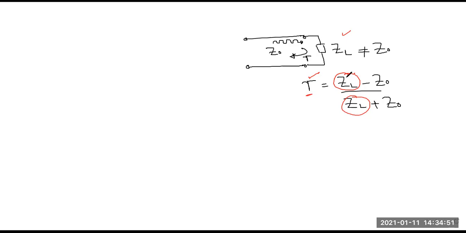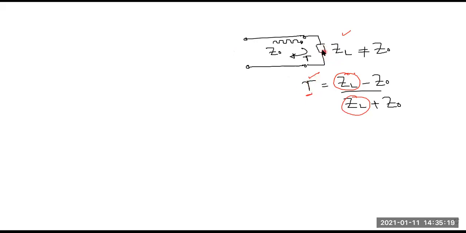It's not possible that you have two different loads with the same reflection coefficient. Every different ZL will have a different gamma. So in microwave engineering, I can use impedance to specify my load, or I can also use gamma to represent my load.